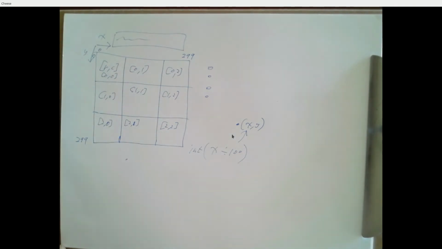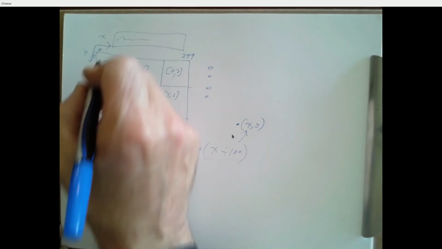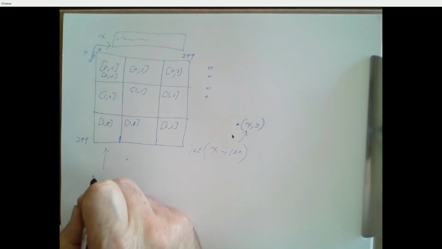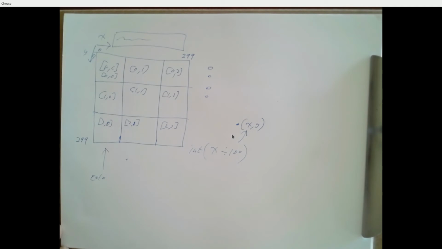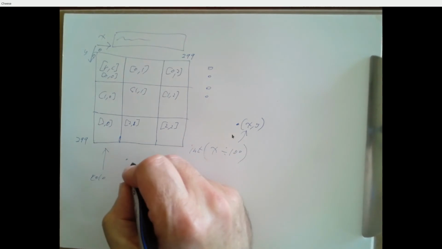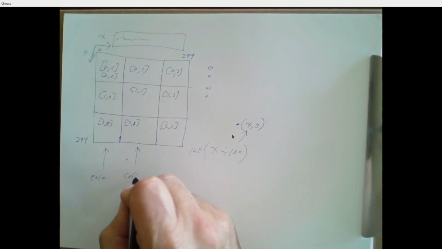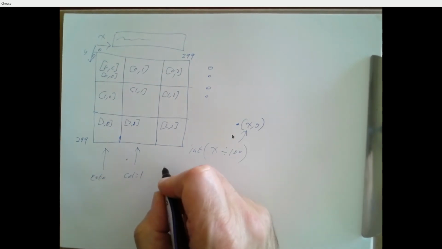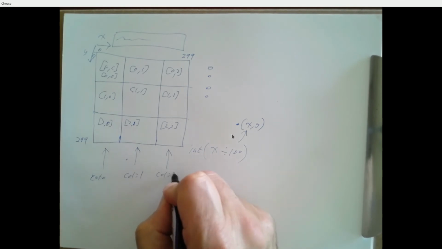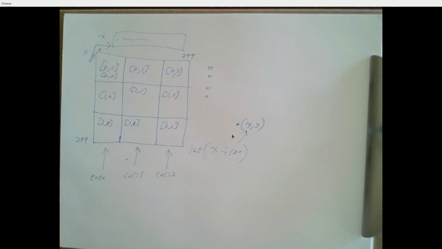So if they click anywhere from 0 to 99, you're going to get row 0 or column 0. Does it always floor when you do it like that? Yeah, it does if it's positive. Great. If they click from 100 to 199, you're going to get column equal 1. And if they click from 200 to 299, you're going to get column equal 2.